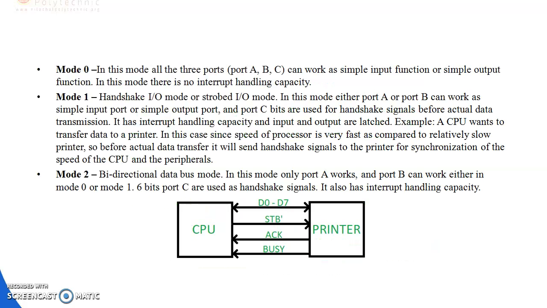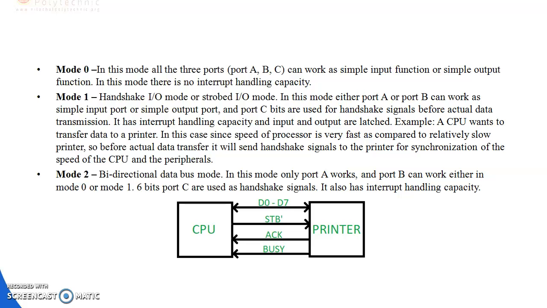So mode 0 is, in this mode all the 3 ports, port A, B, C, can work as simple input function or simple output function. In this mode there is no interrupt handling capacity. But mode 1 is handshake I/O mode or strobed I/O mode.